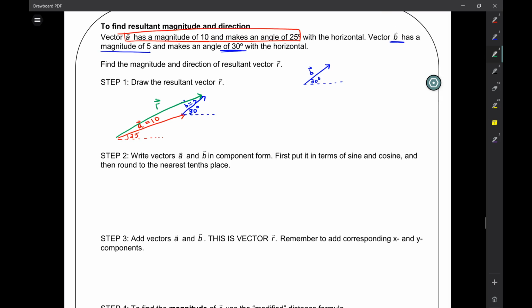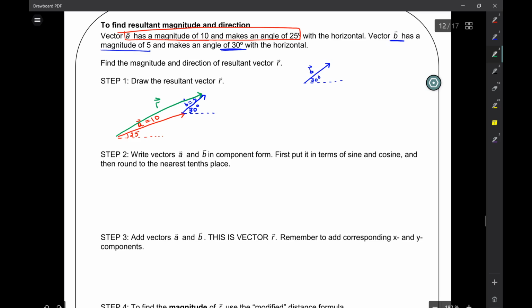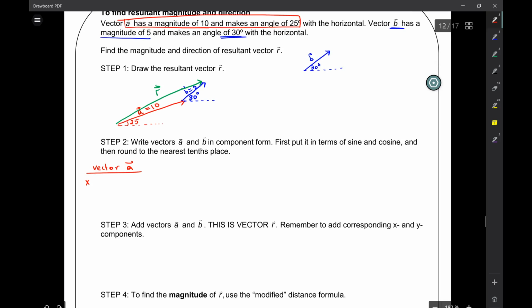Okay. So now we have to write A and B in component form. Let's work on vector A, right? How do I put it in component form? What's the x component of A? The x component of A is 10 cosine 25, right?